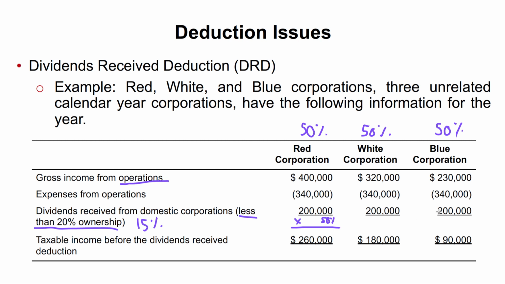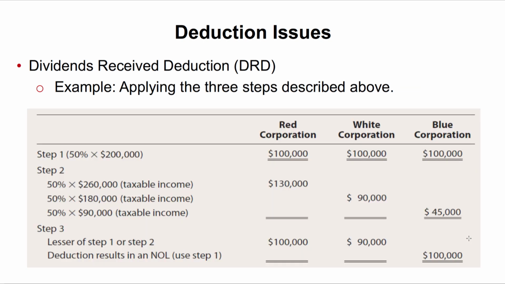That's how we're getting the 100,000. Step 2 is to multiply these numbers all by 50%. So we're going to see 260 times 50% is 130. 180,000 times 50% is 90. And then 90,000 times 50% is 45,000.